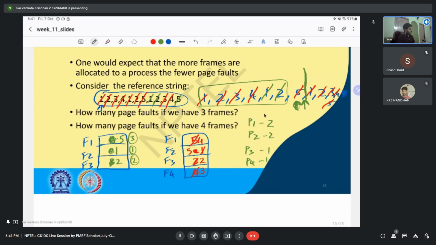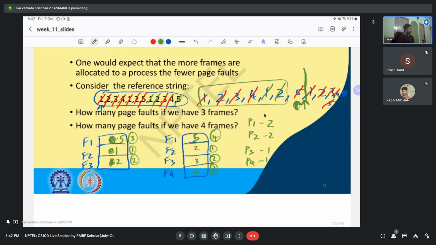Whereas in the 4 frame case, if you notice the FIFO ordering, initially it would be 1, 2, 3, 4. 1 would be a hit, 2 would be a hit, and now 5. So this is 1, 2, 3, and 4, and 5 came in last. That is the FIFO order.